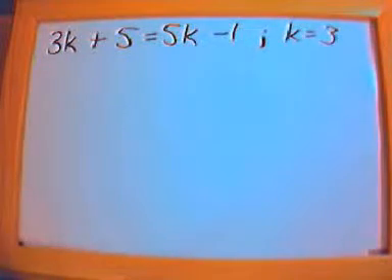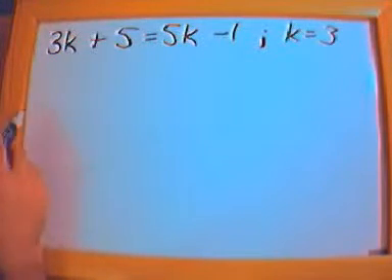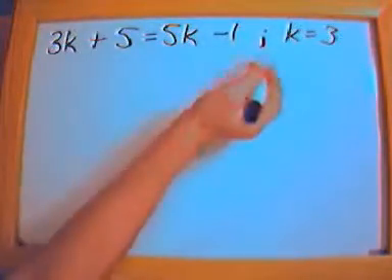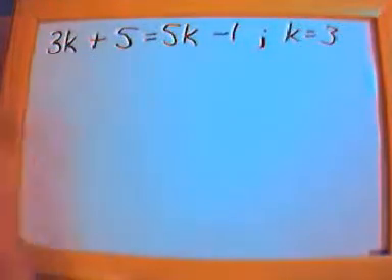Now notice in all these problems I'm using different letters. That's just to teach you that the letter doesn't matter. I could have w, x, y, z, a, b, whatever. The letters are just a placeholder. So let's see if k equals 3 is a solution to this equation.